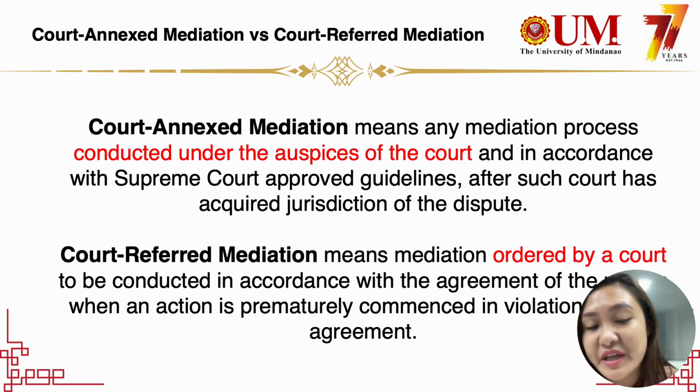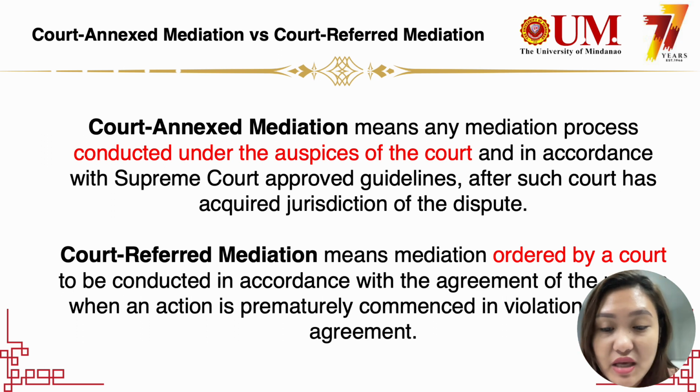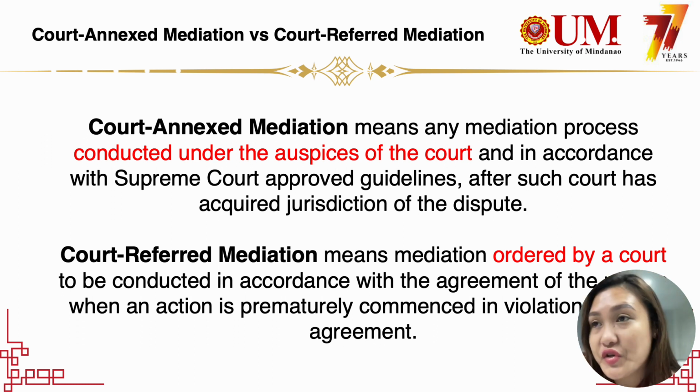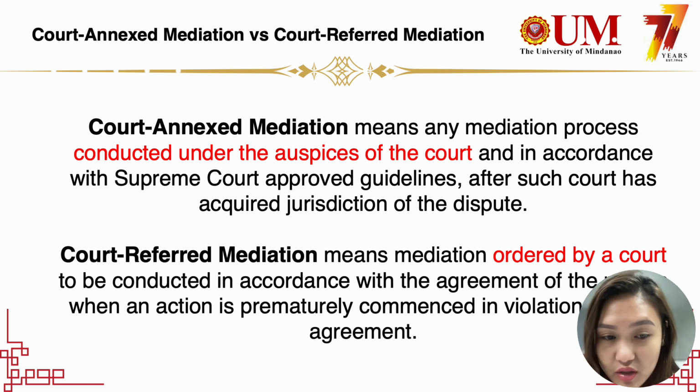Whereas court-referred mediation is a mediation wherein the agreement happened first. There is an agreement between two parties and there is an arbitration clause on the contract, or any document, wherein if one of the parties violated, they need to seek mediation first before filing it to the court.